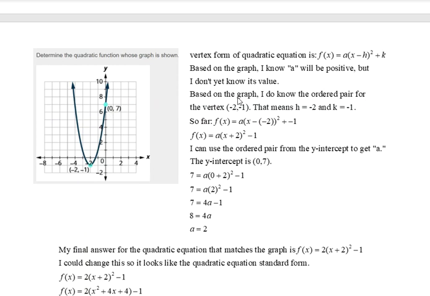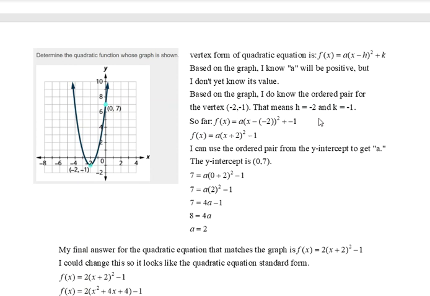Also, based on the graph, I know the ordered pair for the vertex, and it's (-2, -1). Here's the vertex right down here. I start at the origin, back up 2, and then drop down 1. That means that h in my formula is -2, and k is -1.